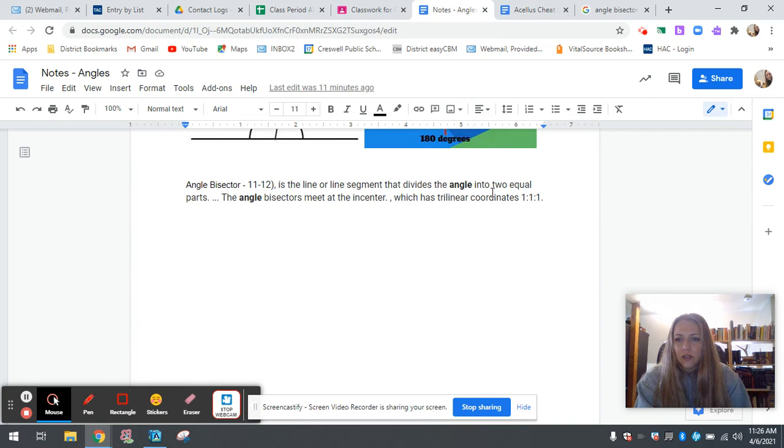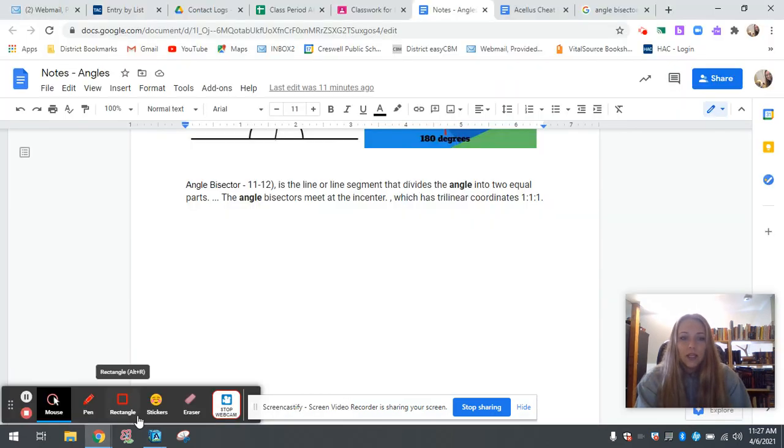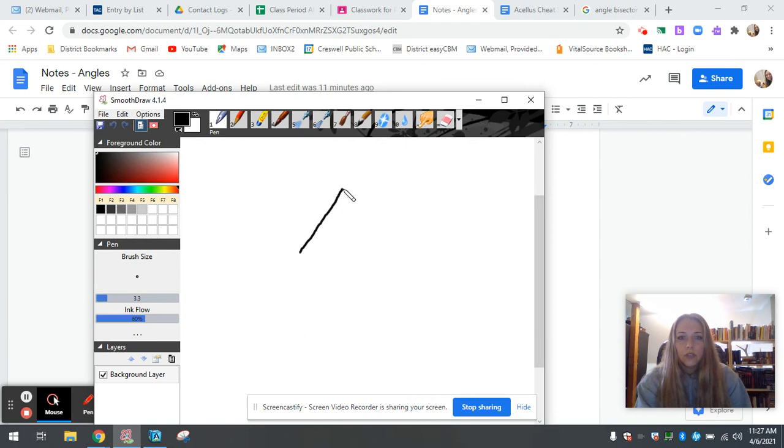And I'll just keep adding to this because I don't have vertex on there. This one says choose the answer that means an endpoint for two different rays. So what this would look like, we've got two different rays and an endpoint for them.